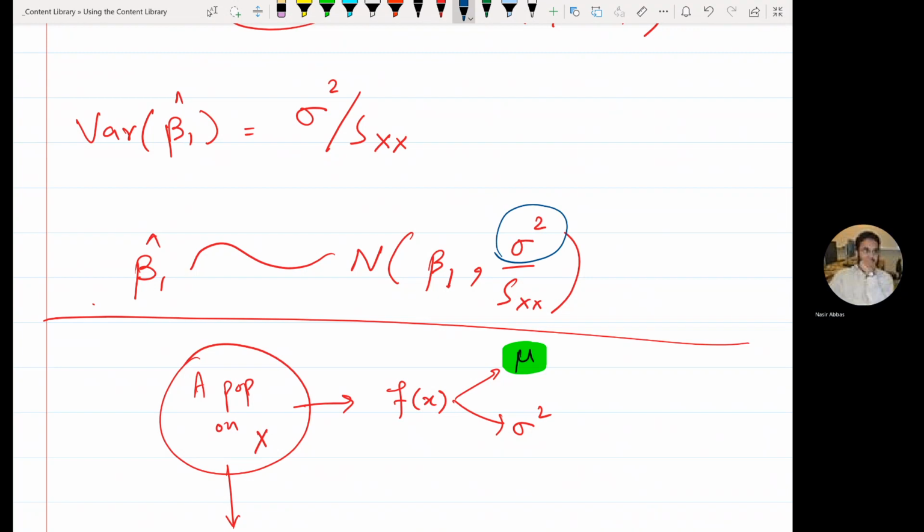Based on this. Once I criticize it, then I will start looking for an estimate of this sigma square. That is the next target. And once I plug in the estimate of this sigma square, Z will become T. And you will be at the end of the chapter.